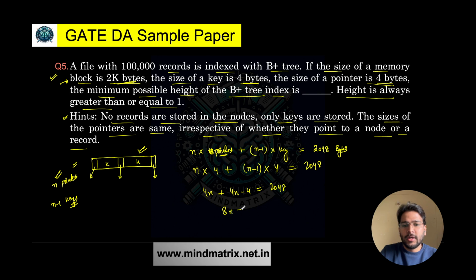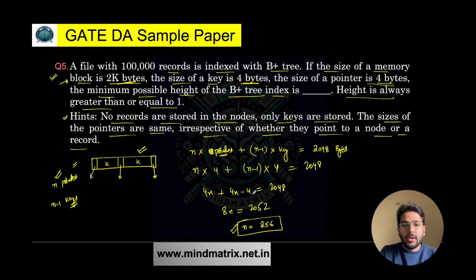We can also write it like this: it is going to be 8n = 2052 if you just rearrange it. So you have to take the floor of it, and you will be getting 256 as the order of this tree, or basically this particular block.